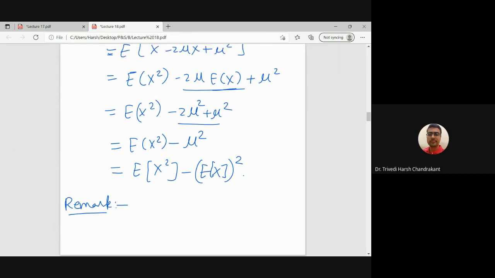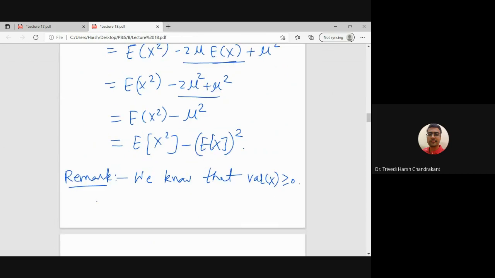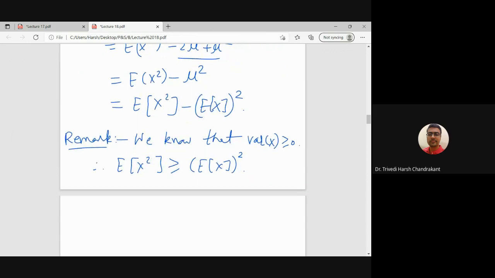So since we know that variance of x is non-negative, therefore E[x square] is greater than or equal to the square of the expectation of x. So if it is a continuous random variable, what does this mean?